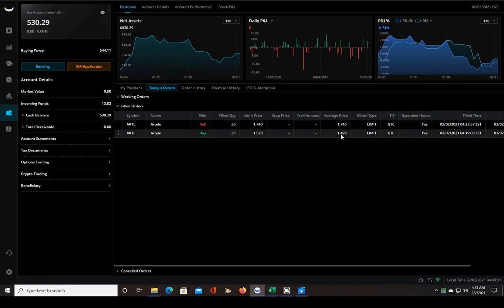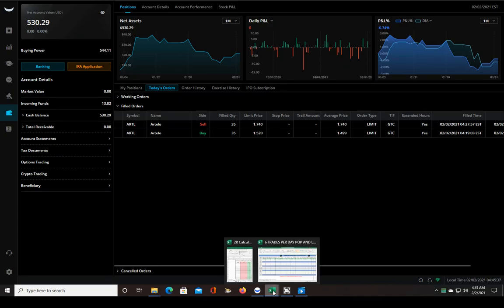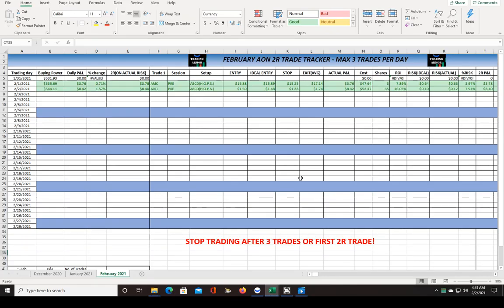So I bought in at 149.9, sold at 174, 35 shares, and the P&L on that trade was 842, which is pretty good because it was a $52 trade. So the return on that was 16%. That's actually my biggest winner ever, really, and largest P&L winner ever for one single trade, 842. So can't complain about that.